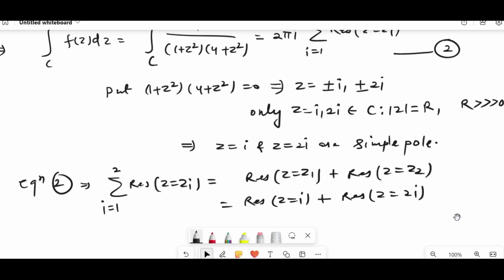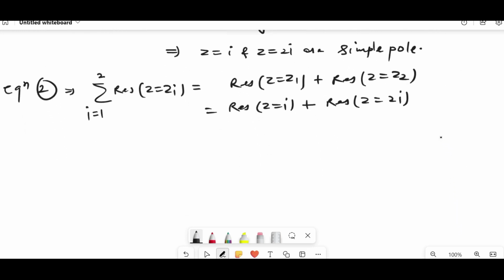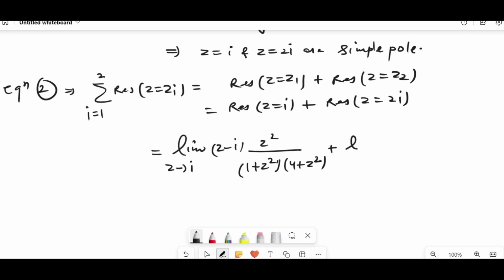As we know both are simple poles, so we can calculate this value as the limit z tending to i of z minus i times z square over 1 plus z square and 4 plus z square, plus the limit z tending to 2i of z minus 2i multiplied by z square over 1 plus z square multiplied by 4 plus z square.